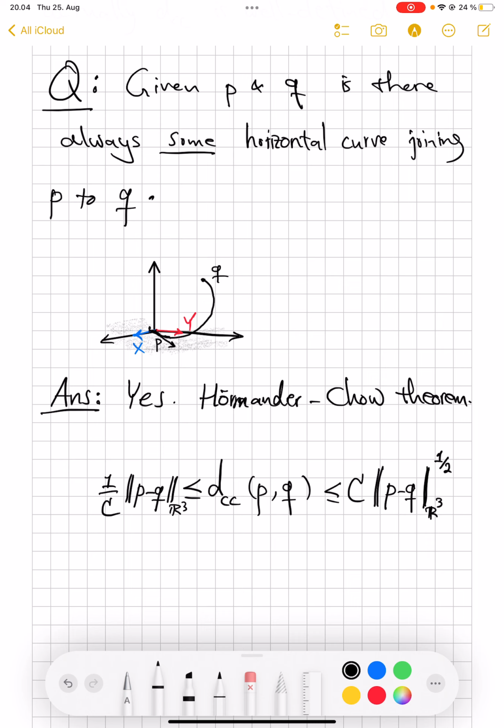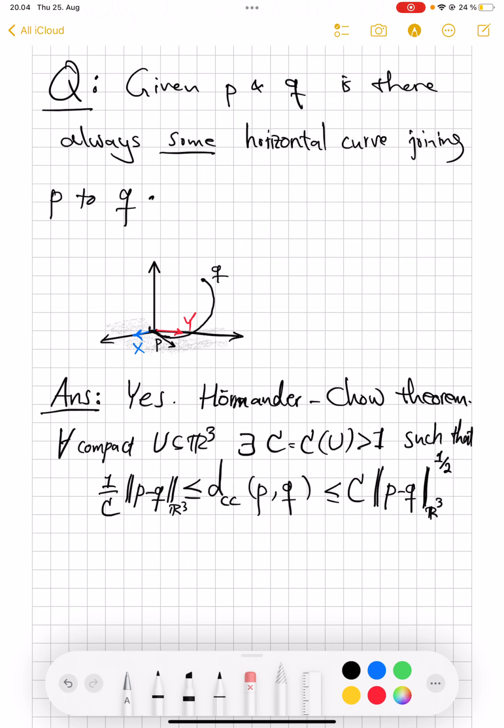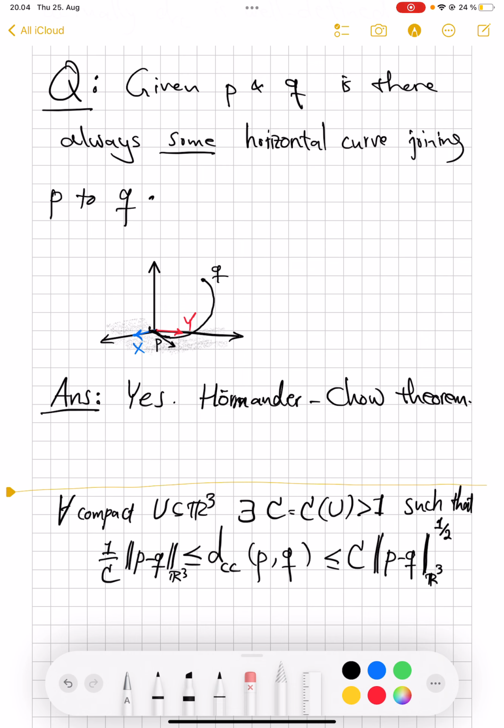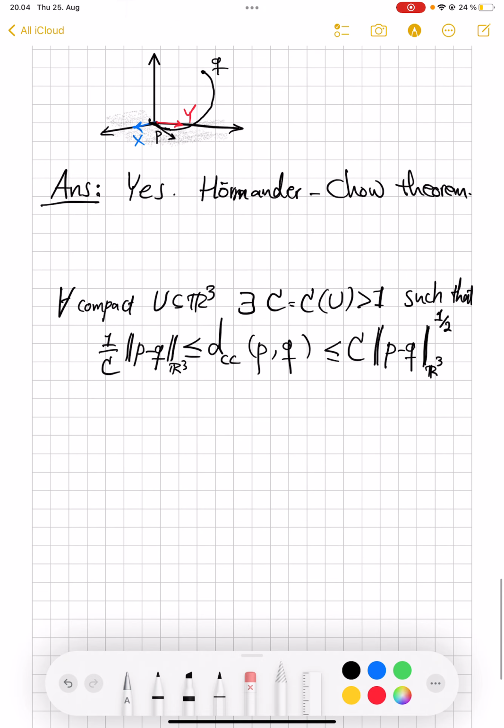This is not exactly correct, I must say. For every compact U in R3, there exists some positive C, which only depends on U, such that this holds. Yeah, that is also usually proved along with this connectivity result.